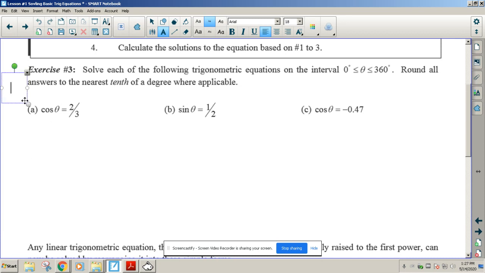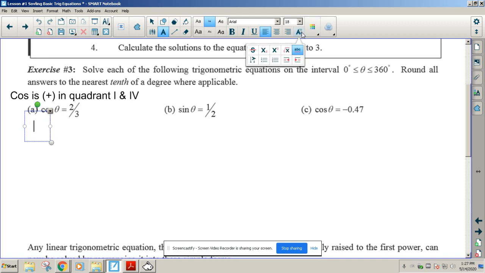So for A, if cosine is positive in quadrant 1 and in quadrant 4, that tells me that when I solve for theta, I am going to have the arc cosine.